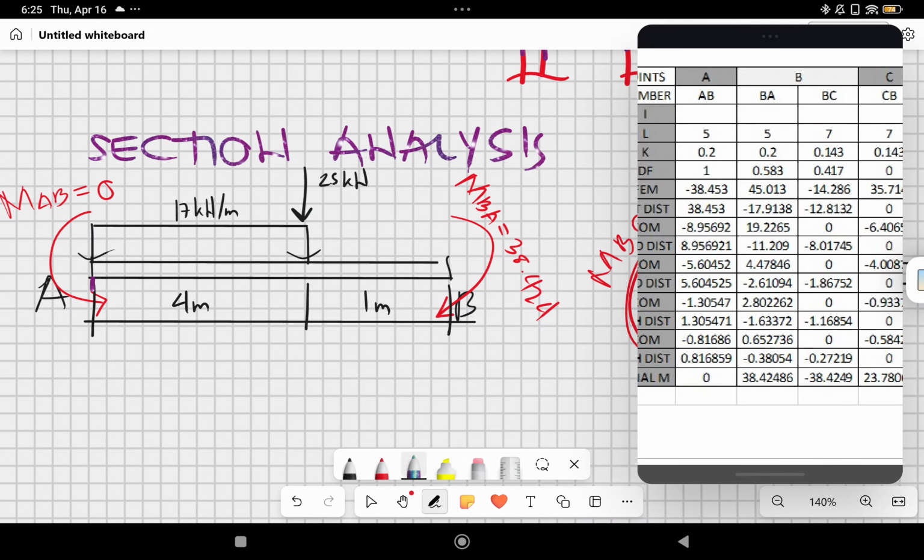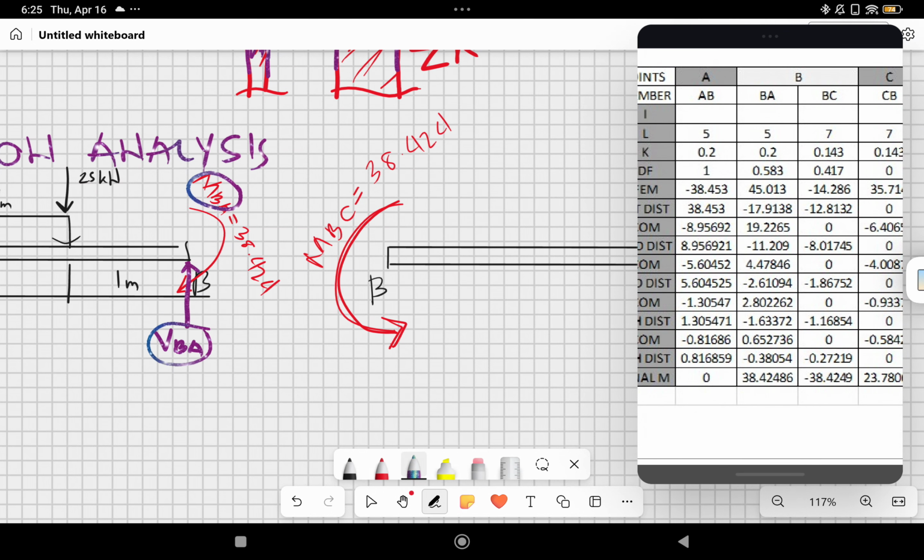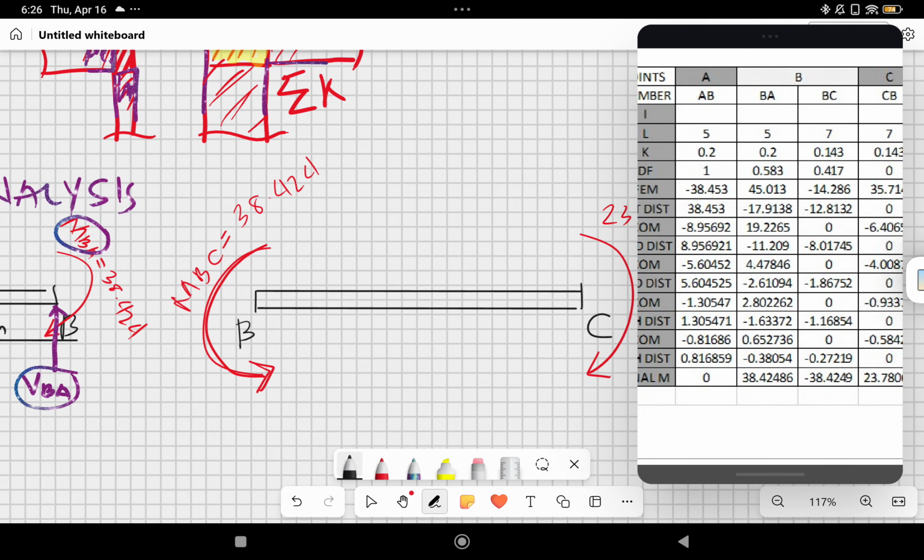And then, siyempre, if you're doing a section analysis, you're also analyzing the shear forces acting at the beam. So that's VAB and then VBA. Okay, so minamatch lang natin kung ano yung kapartner niyang moment. So kung MAB, VAB.